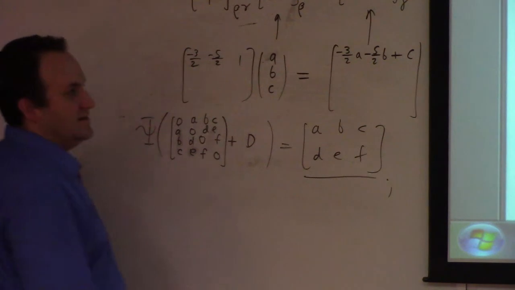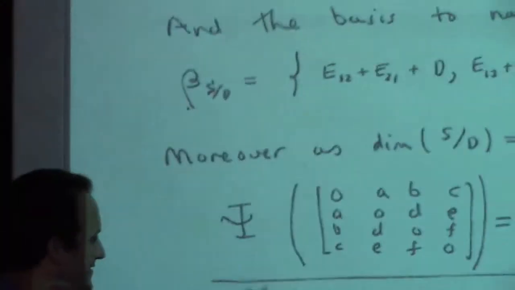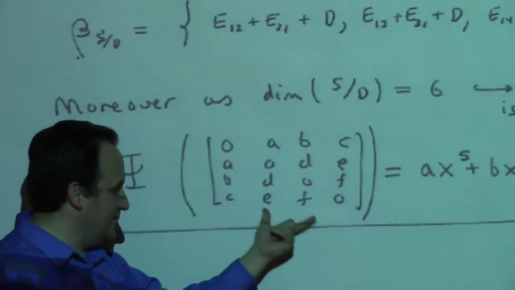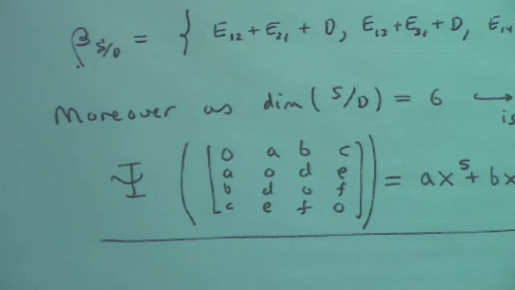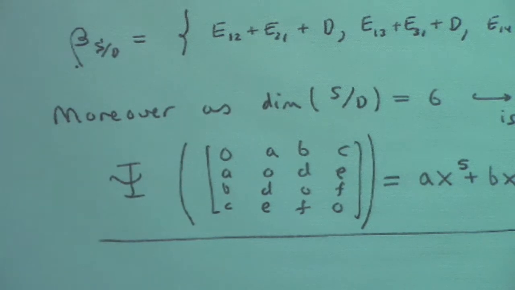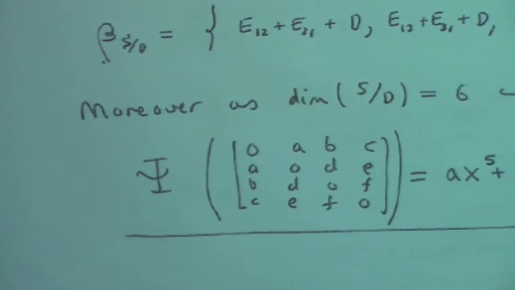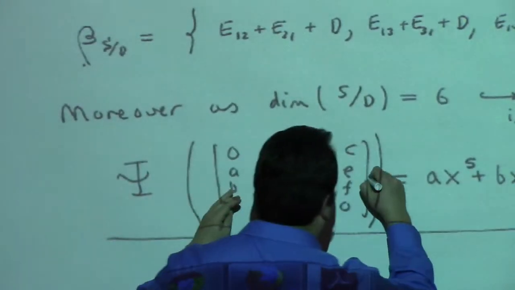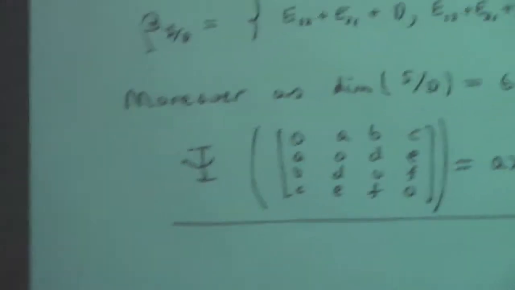A D there. Because psi was supposed to be an isomorphism from the quotient space. This is not the quotient space. This is the original space. I'm going to go tear up this solution. There should be a plus D inside right here. Should be like this.